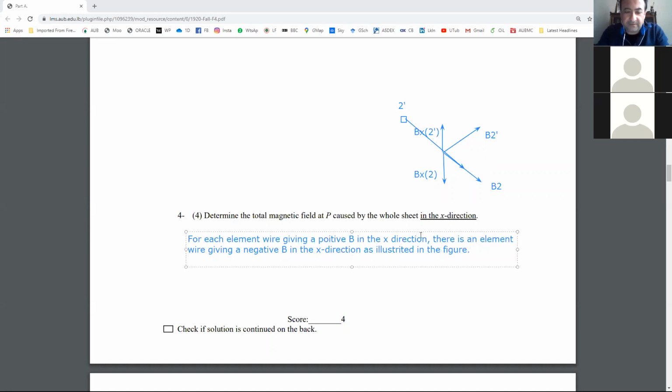For this reason, consequently, Bx total is equal to 0, because for each positive B, I'm going to have a B which is negative. I hope this is okay.